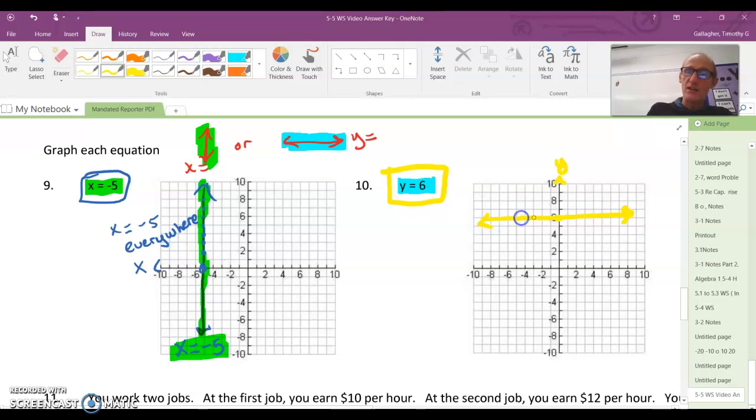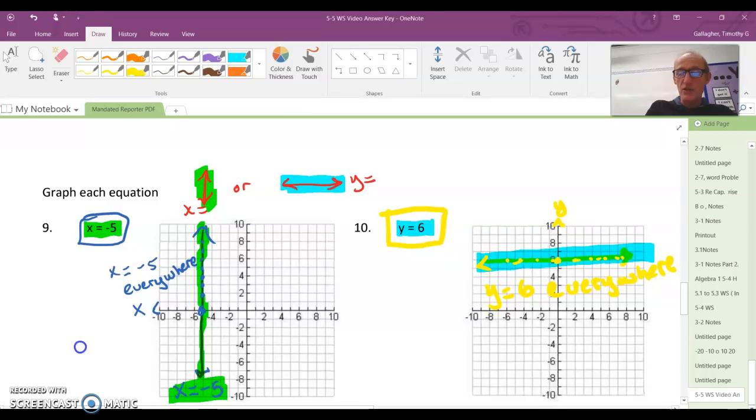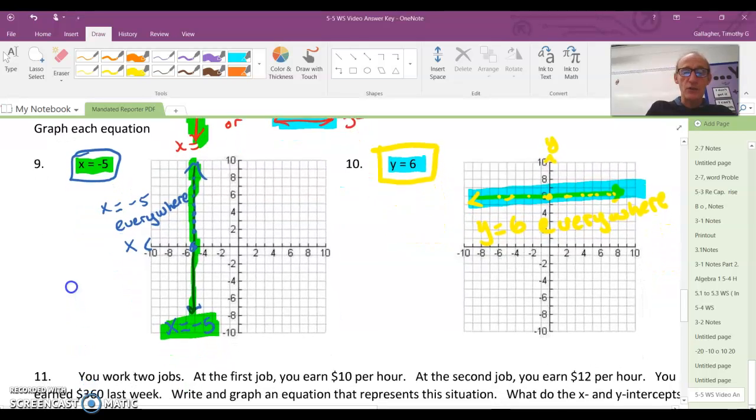And you can see here, if I had the x's and y's, the points, y equals 6 everywhere. So to graph y equals 6, you would graph a horizontal line through y equals 6. Okay? All right. Not easy, but listen, pay attention, stop the video, think, you can do it.